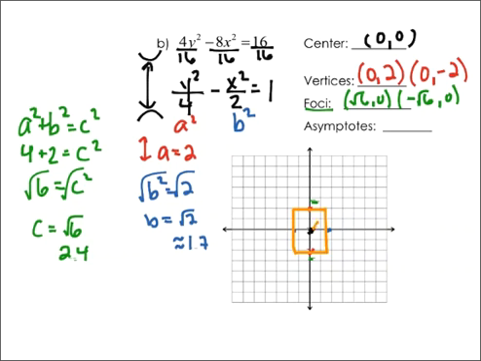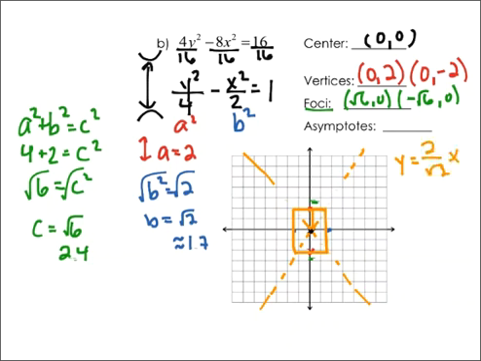So these ordered pairs are 0, radical 6, and 0, negative radical 6. Asymptotes. Again, you make these by going from the center to the corners of the rectangle, and you need to write these equations. So remember, y equals mx plus b. M is the slope. The slope went up 2 and over radical 2. So y equals 2 over radical 2 x.